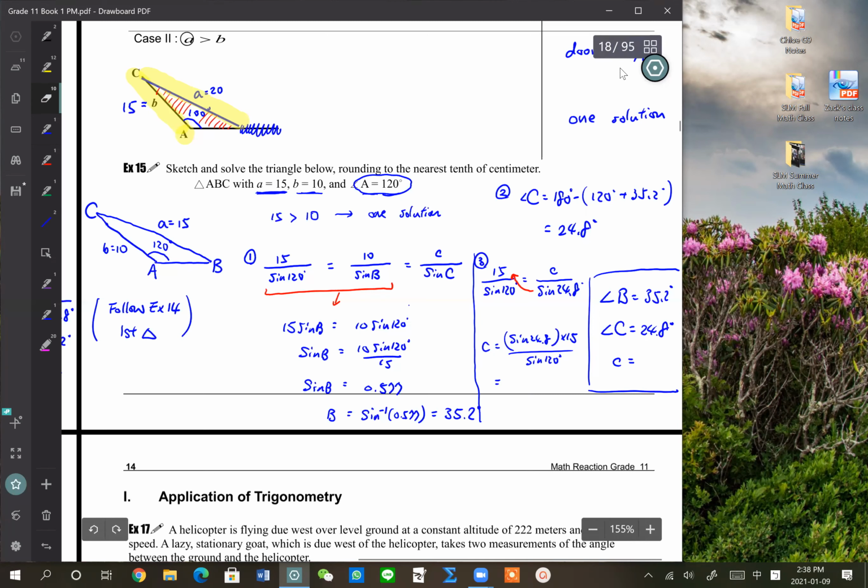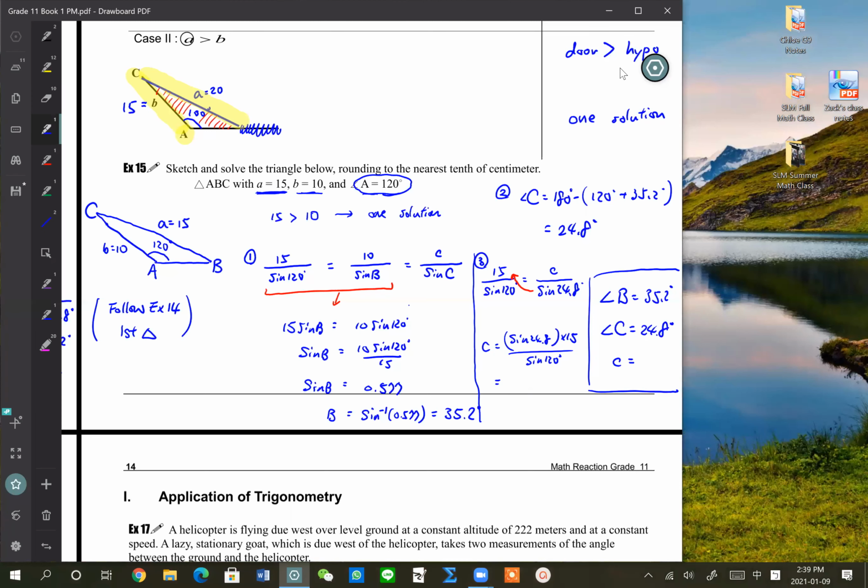Side C should be pretty short. I'm not sure what it is because I just got the same number.